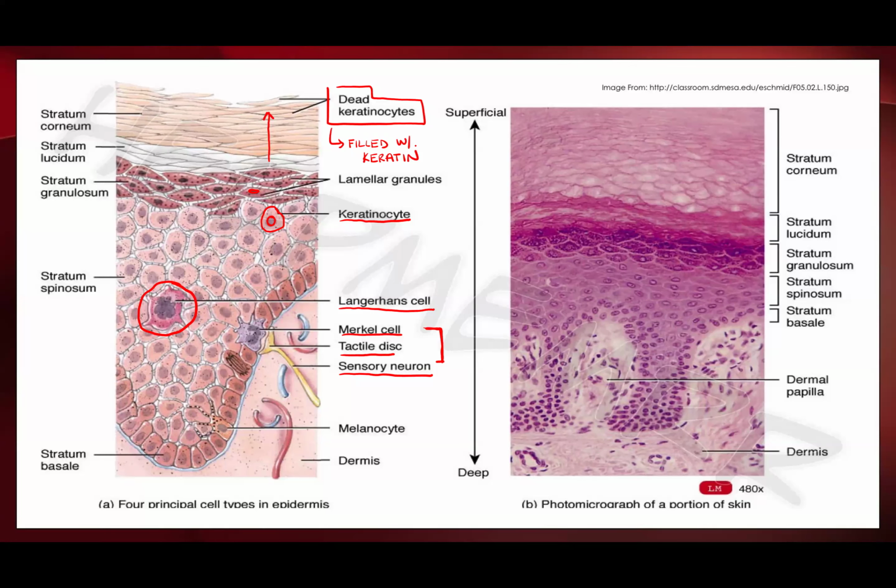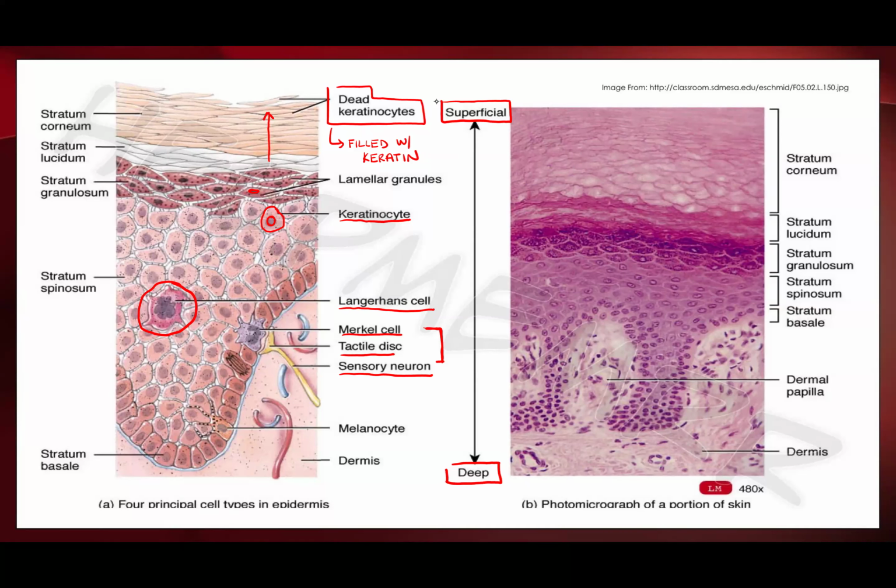Those organelles, everything, are going to be kind of left alone. As we're seeing this, this is the most superficial portion, the outer portion. This is the deepest. This particular epidermis is going to have different layers.